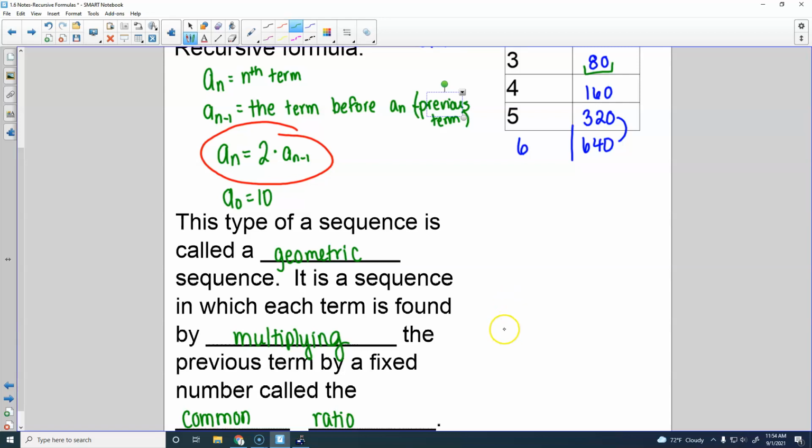So in this particular case, our common ratio would be 2. It's the number you're multiplying by each time. Okay, questions?